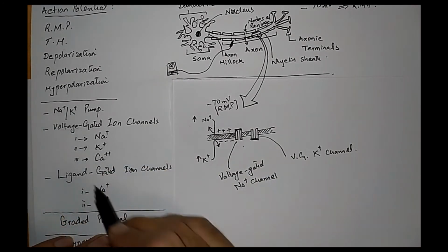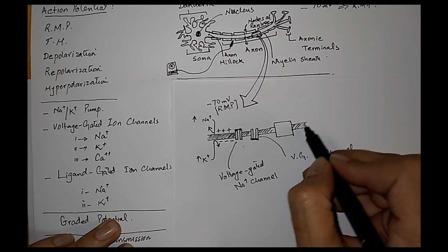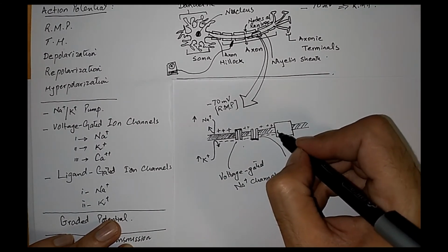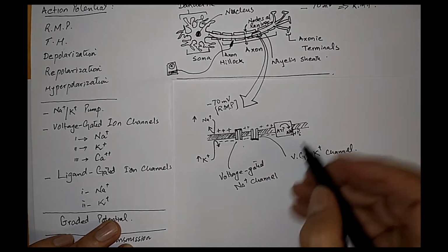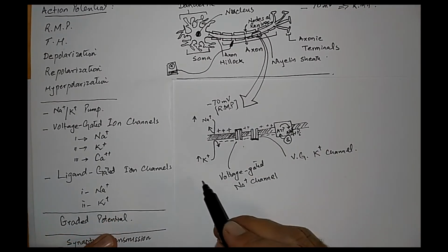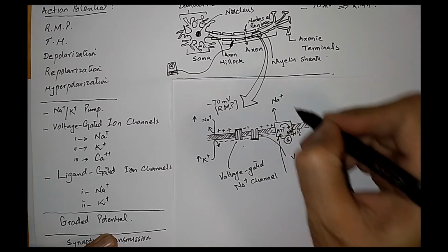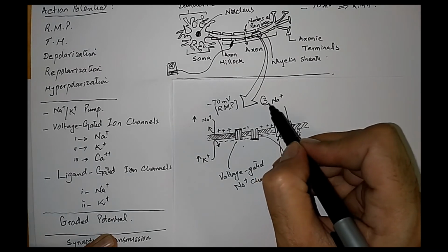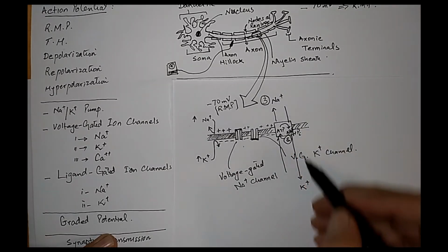And then the third part is the sodium potassium pump, which is a specialized protein which uses ATP, converting it to ADP plus inorganic phosphate to generate energy, and that energy helps to actively transport sodium outside and move potassium inside. Basically it is moving 3 sodium ions from within the cell out and moving 2 potassium ions from outside into the cell.